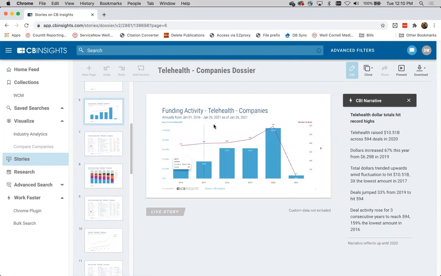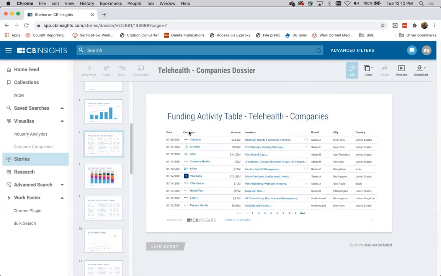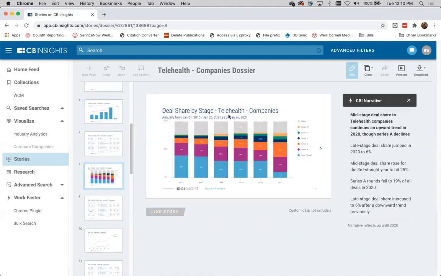But what that does is it gives you some interesting graphs that you might want to look at. It gives you a bit of a rundown. You can click through and see what types of companies are being invested in by these types of investors, where companies are in their deal stage. So if you're not familiar with how startups work, there's several stages.